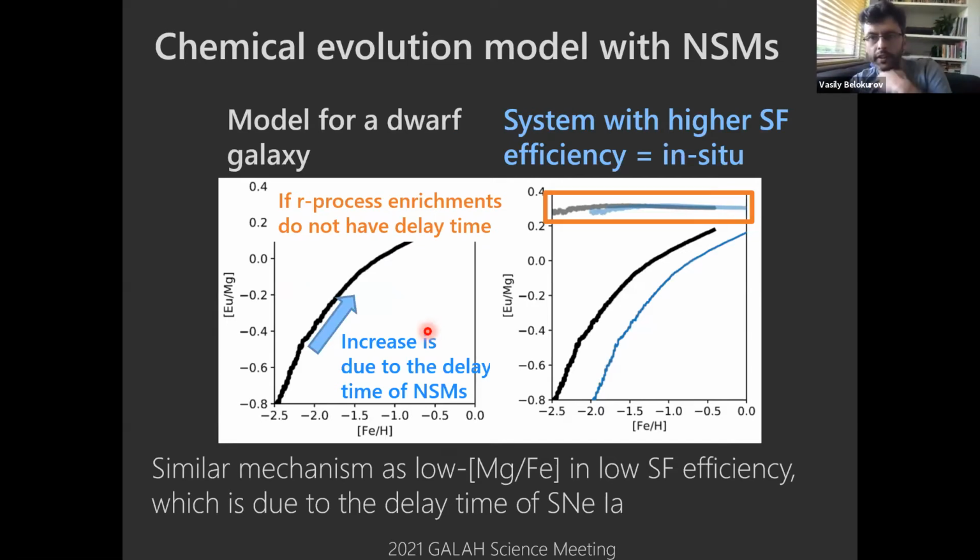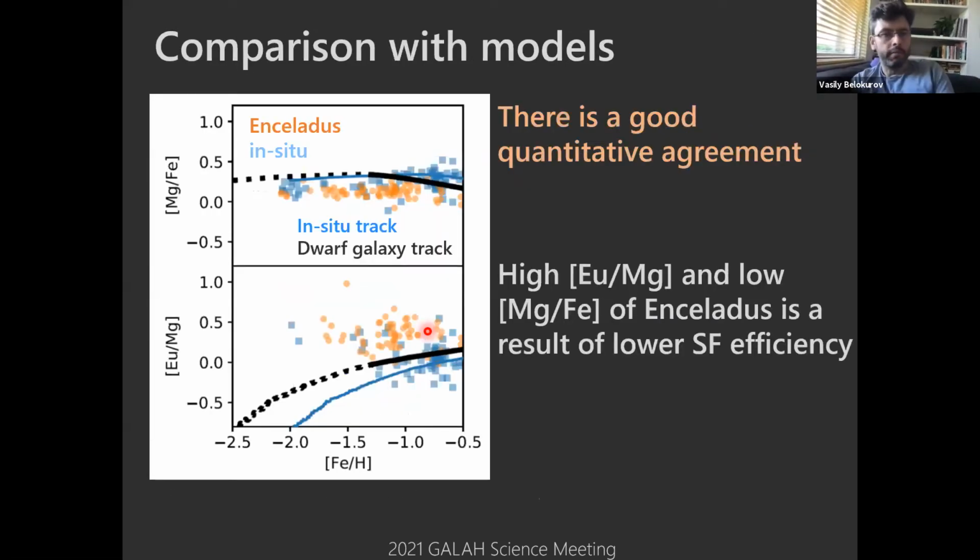So when you don't have a distribution of time delay, and then when you show us the europium track, it looks like that, right? It's high and flat, isn't it? I mean, you can continue it to pretty low metallicity, to -2-ish, with other measurements. And so then I didn't understand the interpretation.